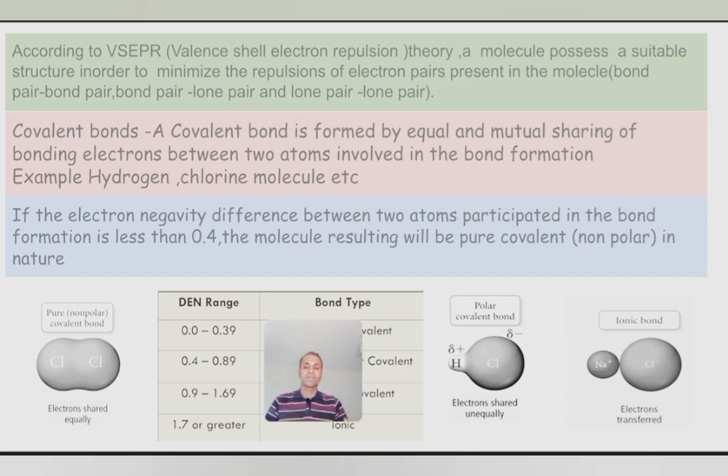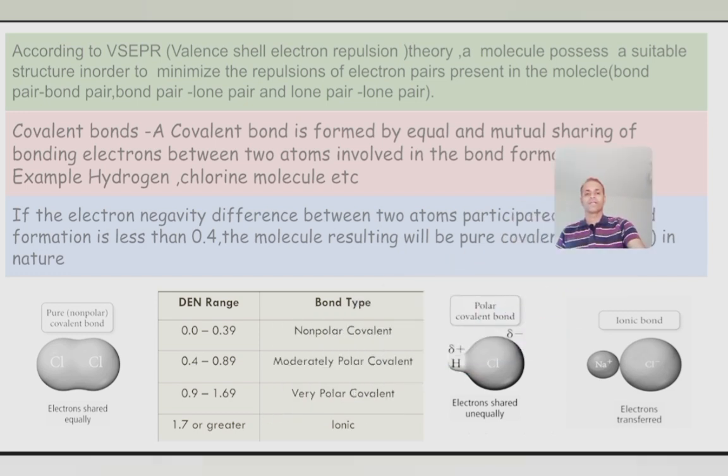So what is meant by a covalent bond? A covalent bond is formed by the equal and mutual sharing of bonding electrons between two atoms involved in the bond formation. For pure covalent compounds, for example a hydrogen molecule or chlorine molecule, there is no electronegativity difference between the two atoms, so there is a chance of forming a pure covalent bond.